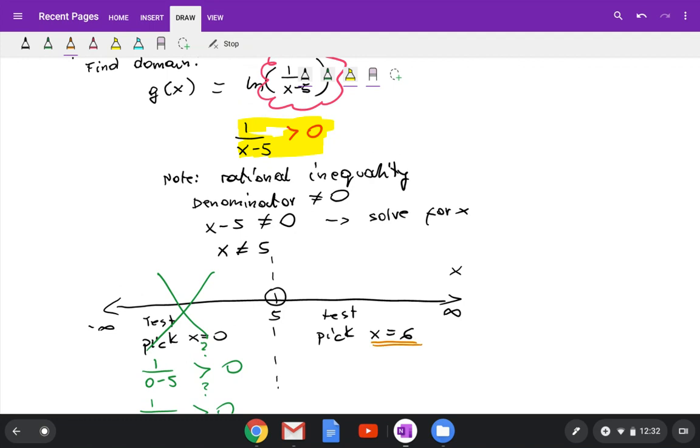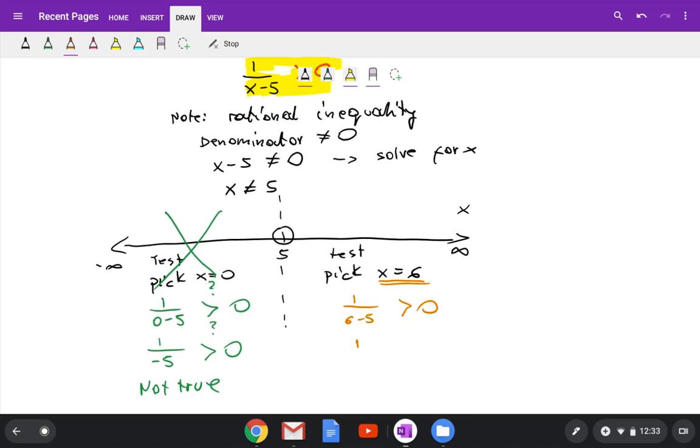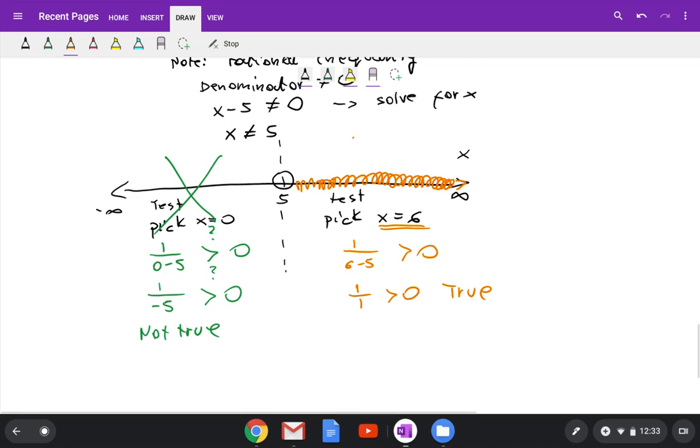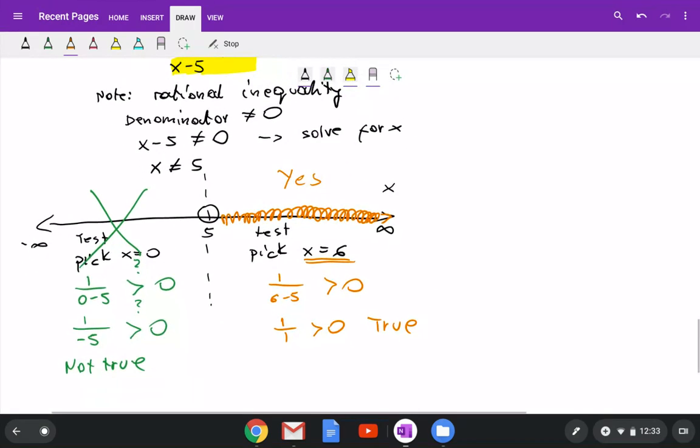So we have 1 over 6 minus 5, and we're checking if this is positive. We're getting 1 over 1. It's definitely positive. Since this is true, this interval is the solution of the inequality, which represents our domain. So yes, the interval.